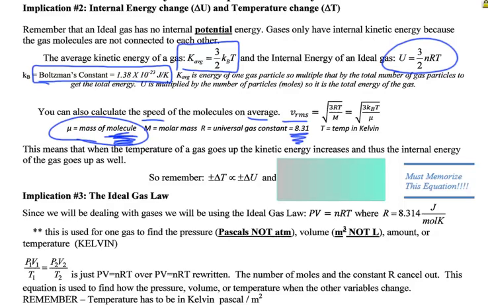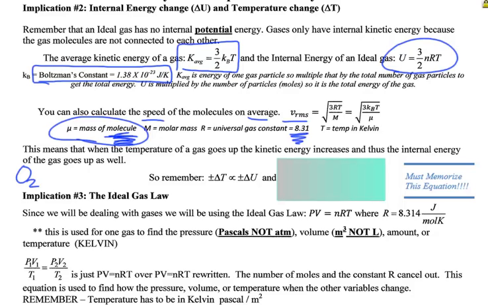So remember, if they give you a certain molecule, say you have O2, one molecule of O2, and you have to figure out the mass of that, you're going to have to do some stoichiometry.